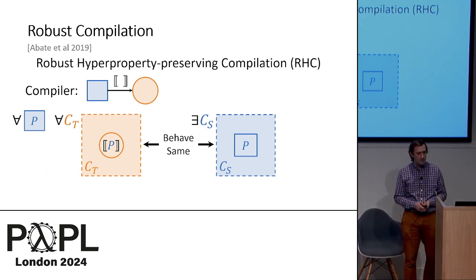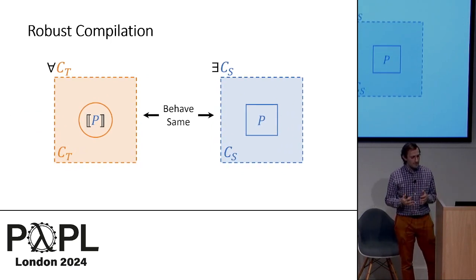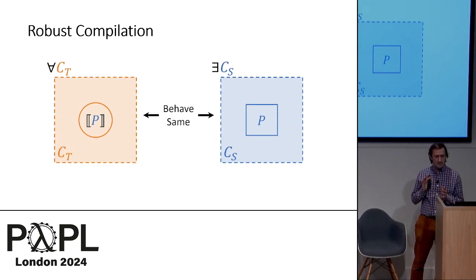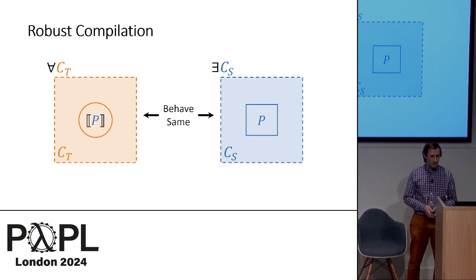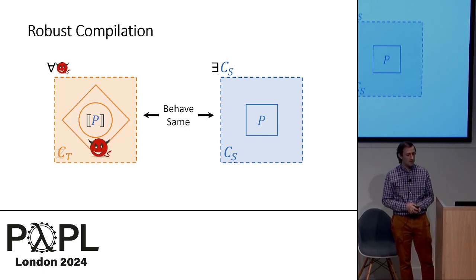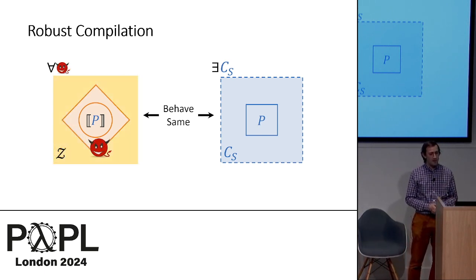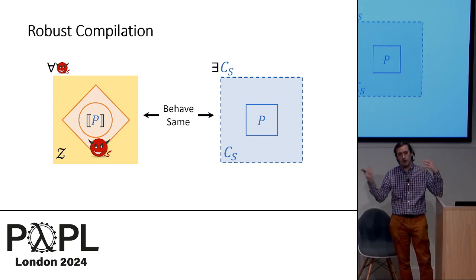That's sort of the original formulation. But we can take that formulation and look at it slightly differently. In particular, we can split the context into two pieces. We can think of the context as an adversary, and then there's some environment, and all the environment is doing is supplying inputs to the whole system and watching an external view of what's going on.